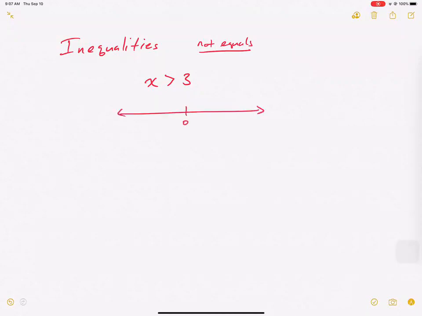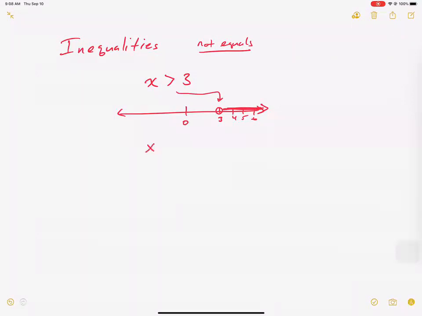And we illustrated that if this is 3, we draw a hollow circle to represent the inequality because it's not equal to, and numbers like 4, 5, 6, these are all greater than 3. So there's more than one answer that works here. And that's kind of cool.